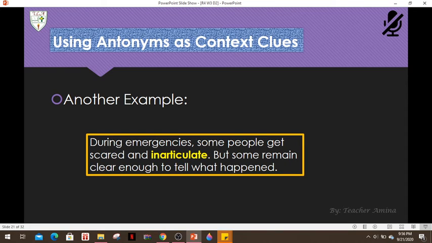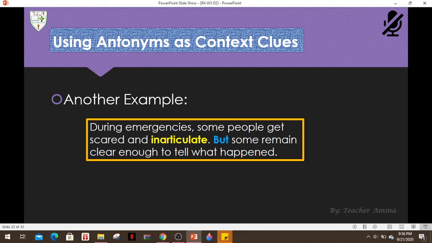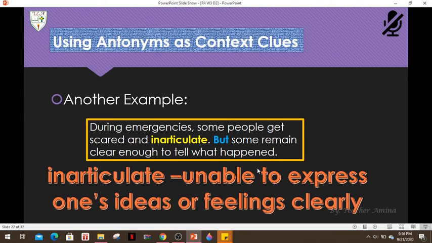Another example: during emergencies, some people get scared and inarticulate, but some remain clear enough to tell what happened. Our context clue here is the word but again. Inarticulate means unable to express one's ideas or feelings clearly. How did we know that?